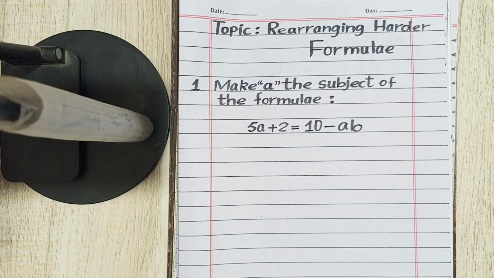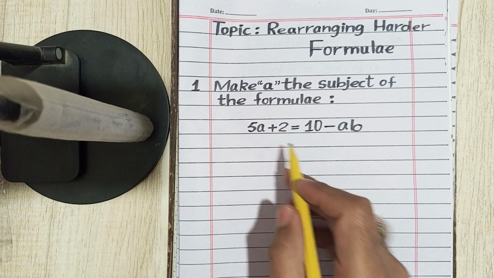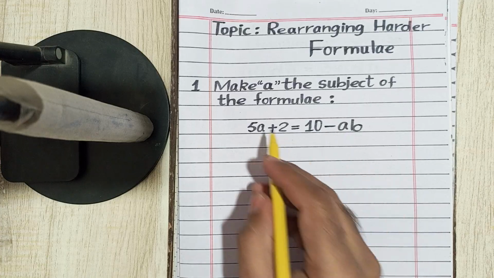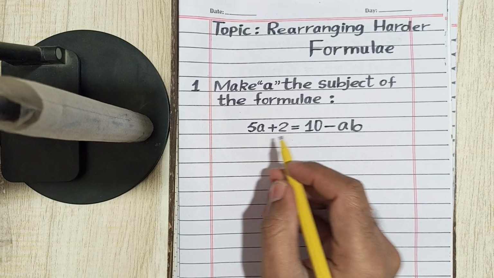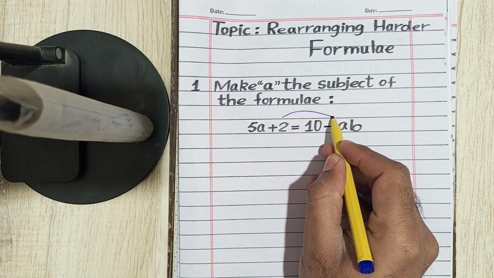So let's start. First of all, here we have 5a plus 2 equal to 10 minus ab. Now in the next step we move this plus 2 to the other end.